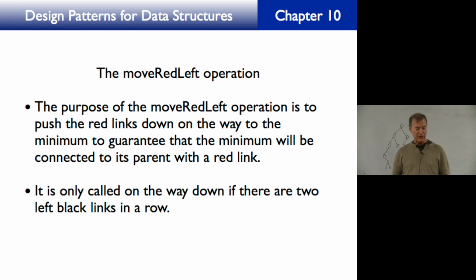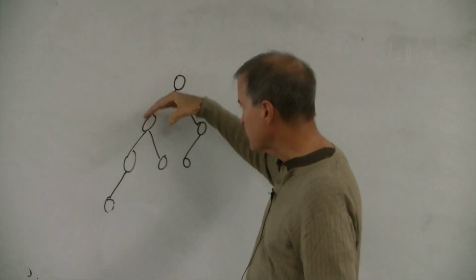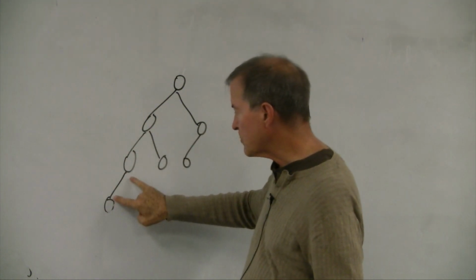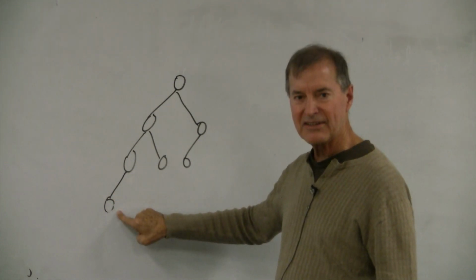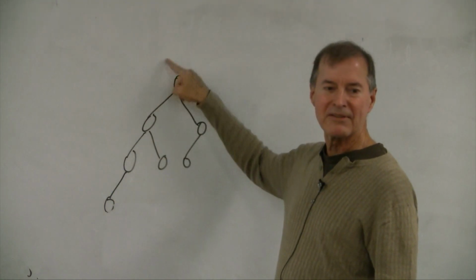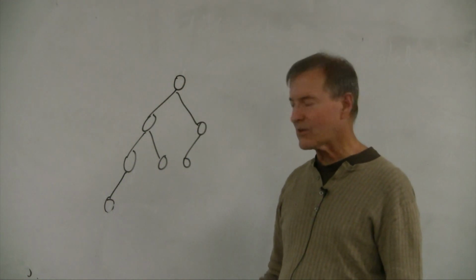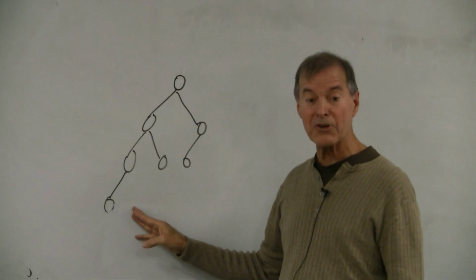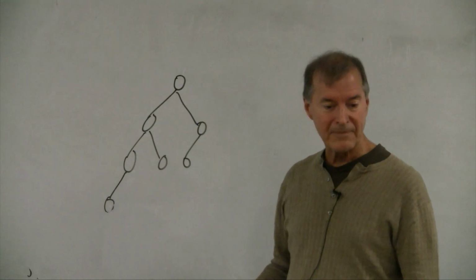The purpose of the move red left operation is to push the red links down on the way to the minimum, so that if this is the minimum and it has a black link here, when we get to here, this will be converted to a red link. And once it is converted to a red link, we can just delete it. And then we fix up the right-leaning red links on the way up. Now, this is a very common structure. In fact, we're going to see this in another data structure before the end of the semester. Okay?